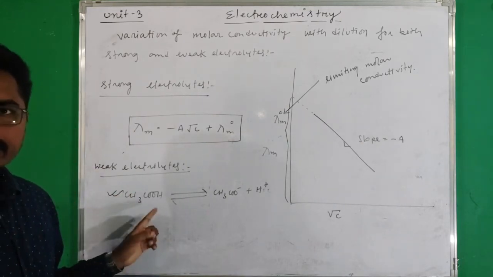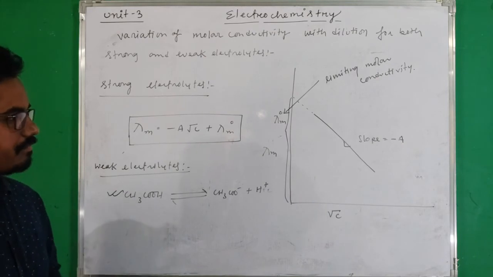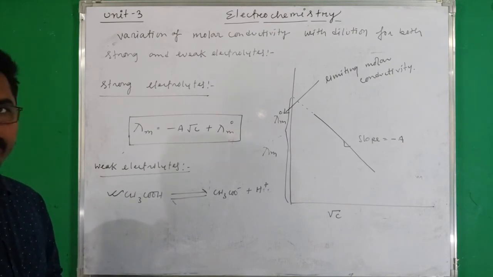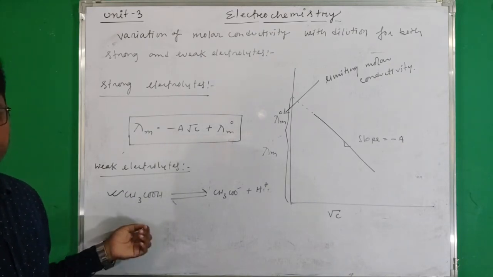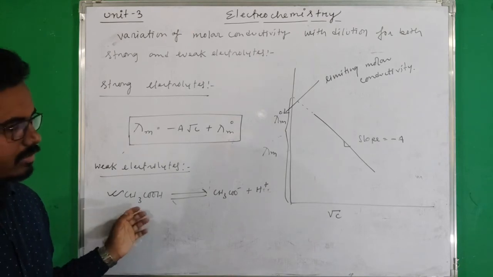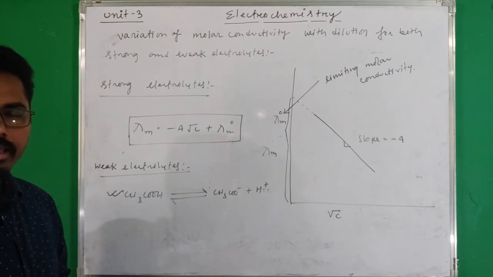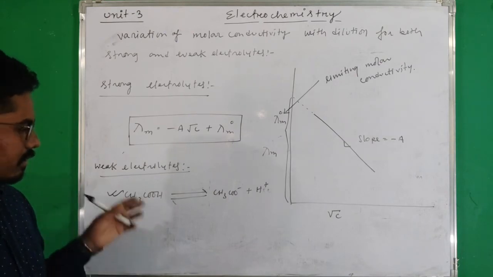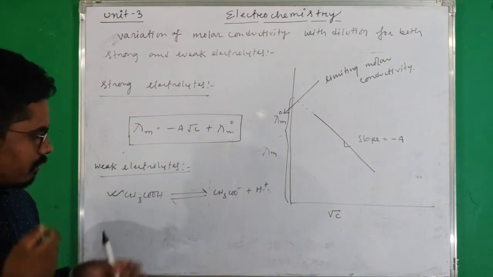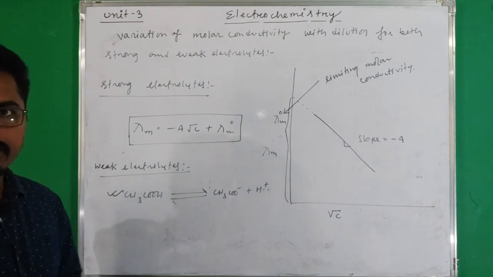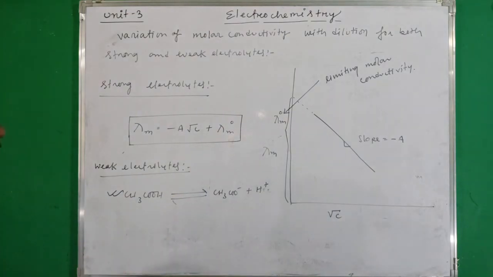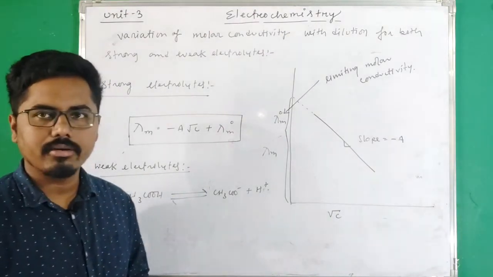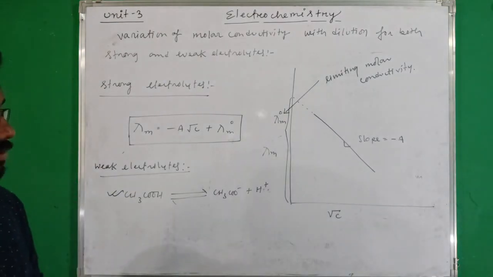In the case of a weak electrolyte, the degree of dissociation increases with dilution. Initially the weak electrolyte will dissociate to a lesser extent. After that, when the solution becomes dilute, the degree of dissociation increases. You have learned about this in class 11 ionic equilibrium, Ostwald's law of dilution.